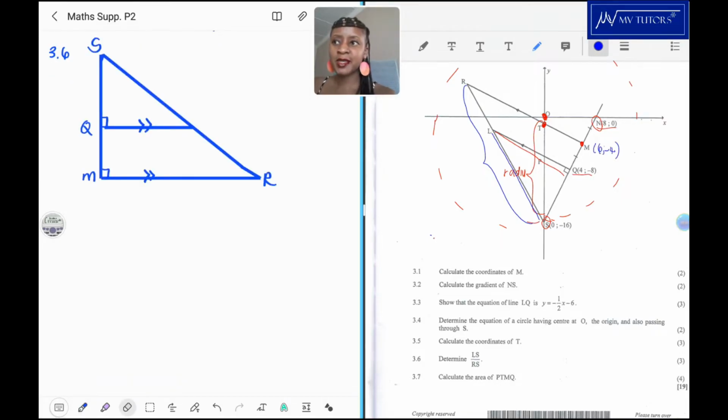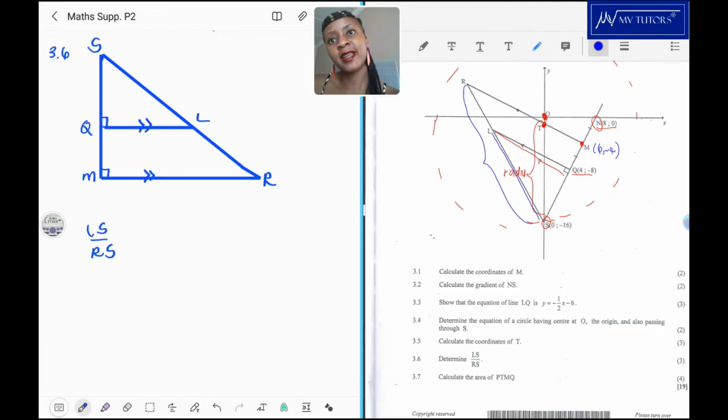I just wanted to take time out to draw it in a way that when you see it, you realize that you actually need the proportionality theorem to calculate this. So they're looking for LS over RS. Oh, I forgot to put L there.